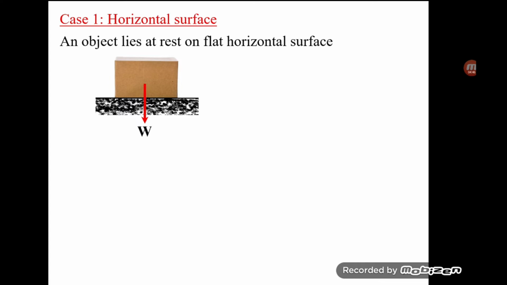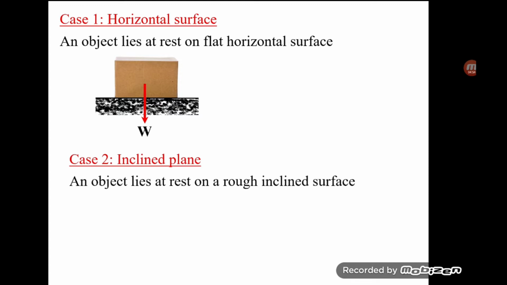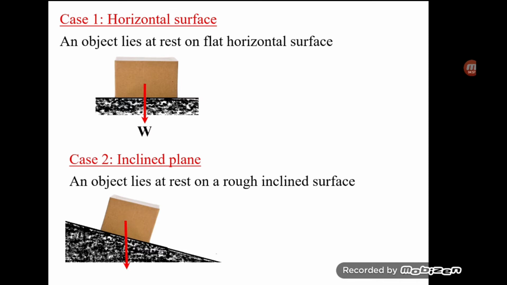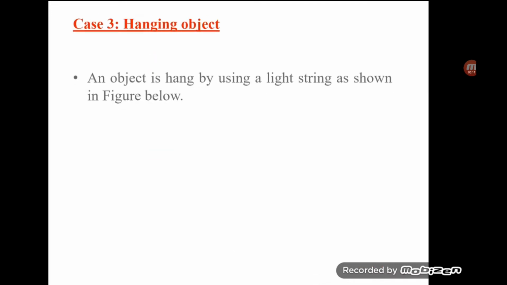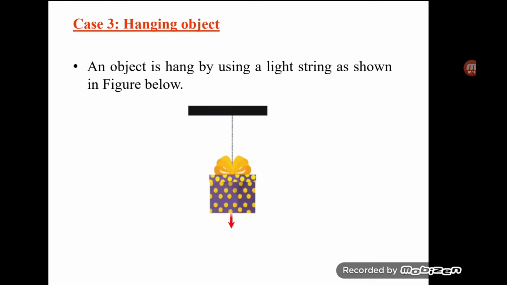Look at the first case, a horizontal surface: weight downward. Inclined plane: weight is always directed downward. Hanging object: weight also downward.